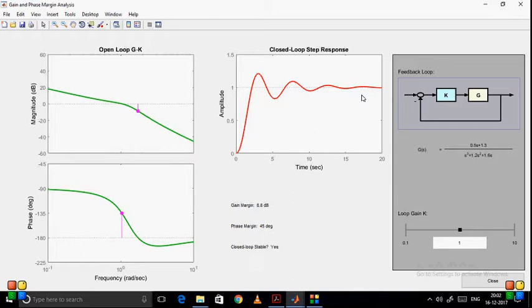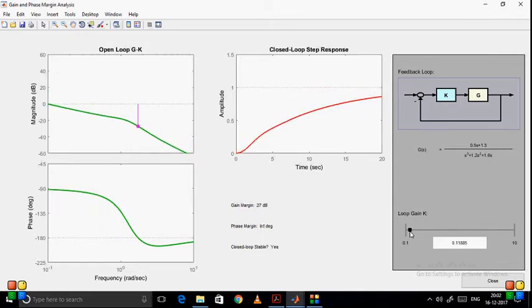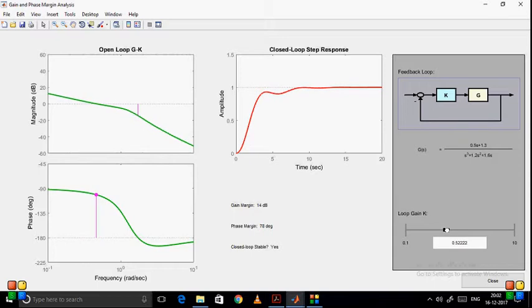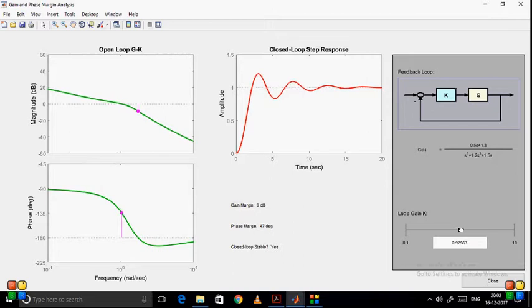I will not go into all of it. If I just move k, you can see that the outputs are changing. So this itself will give you some idea. I have already tested this for a k value of roughly around 2.7.